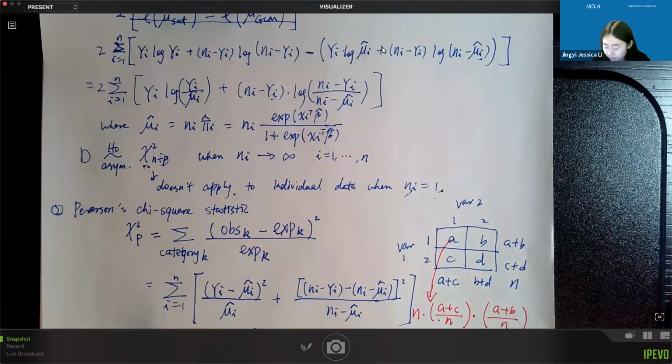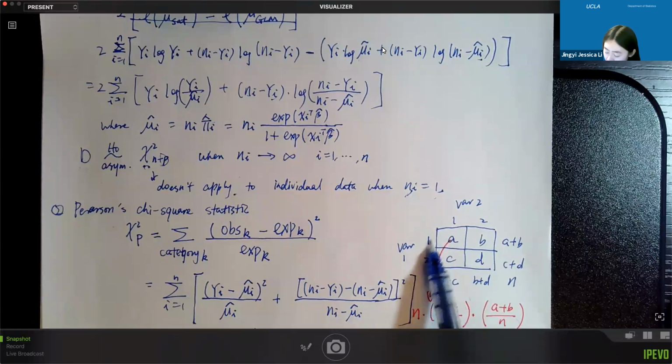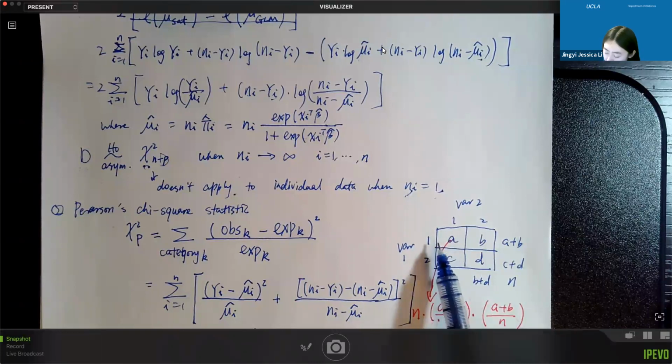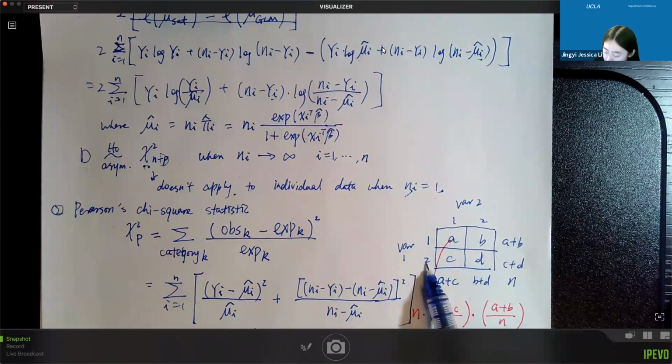If some of you have ever heard of Fisher's exact test, for testing whether two variables are independent given a count or contingency table like this. Let's say variable 1 has 2 values, variable 2 has 2 values. We can summarize our observations into a count matrix. Let's say we have count A observations with value 1 for both variables, and we have D observations with value 2 for both variables.